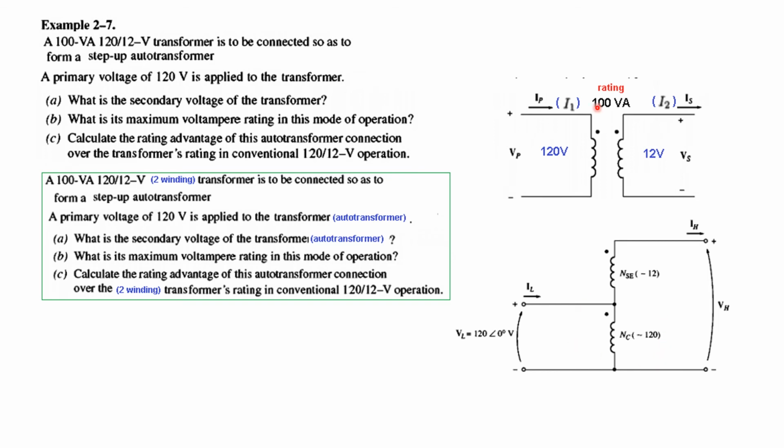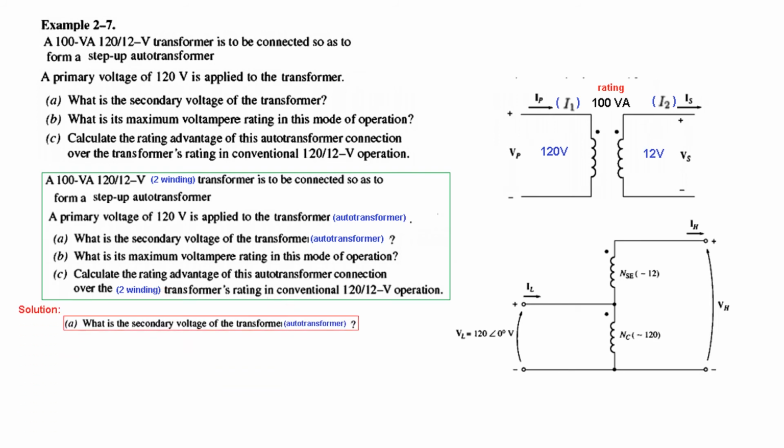We know the VA is 100 in this one, but the auto VA we have to calculate. And the third one is to calculate the rating advantage of this transformer. So we just saw in the previous example the rating advantage was 6 times. So here also we have to find the rating advantage between the two-winding transformer and the autotransformer.